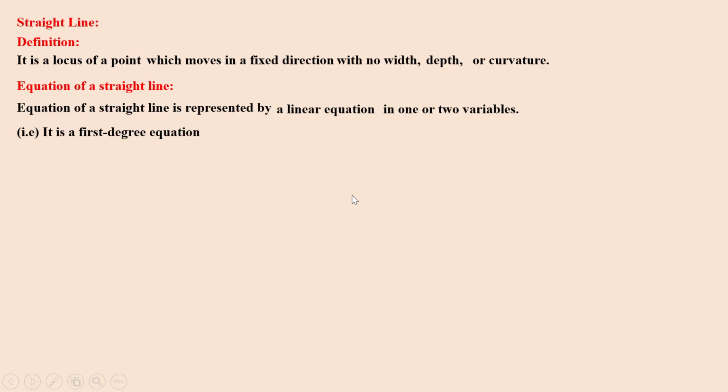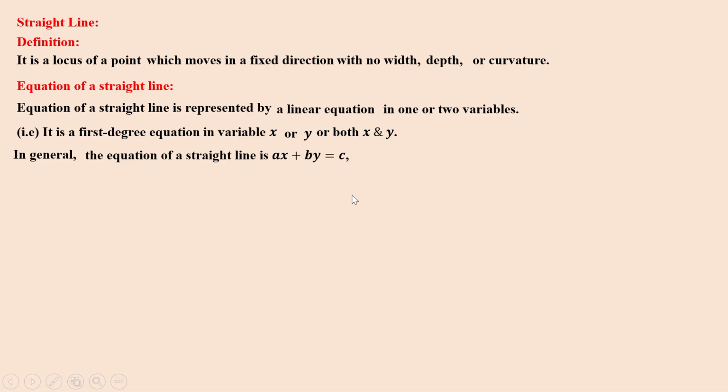It is a first degree equation in variable x or y or both x and y. In general, the equation of a straight line is ax plus by equal to c. Here a, b and c are constants, like 2x plus 3y equal to 4. For example, x equal to 5 in a single variable, y equal to 3.